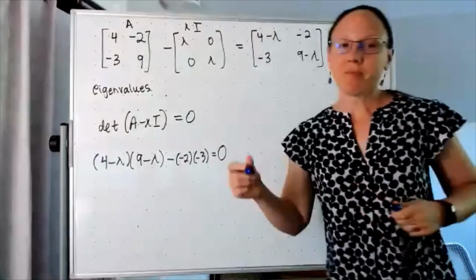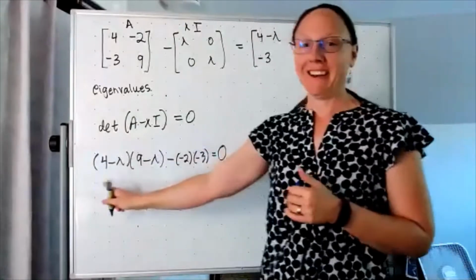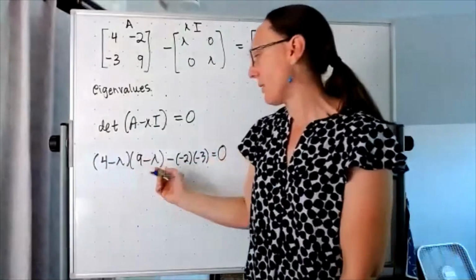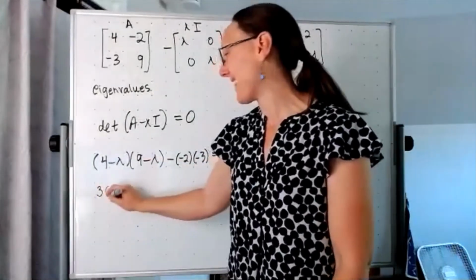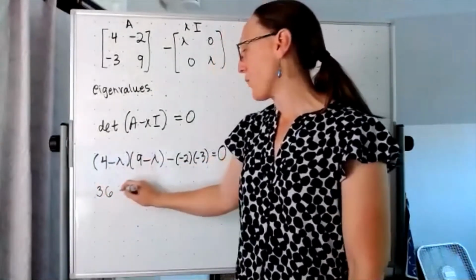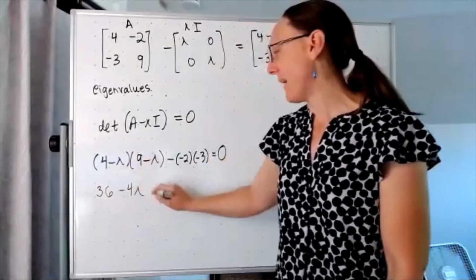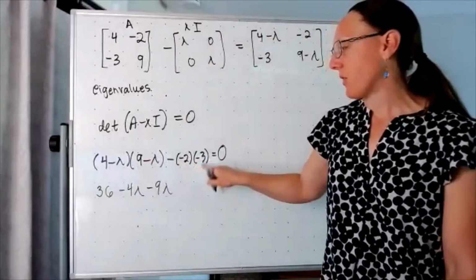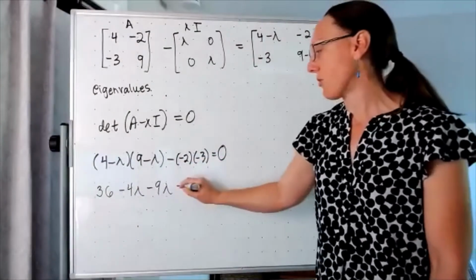Cool. I'm going to go ahead and distribute this out. So 4 times 9, I've got 36 minus 4 lambda minus 9 lambda. -2 times -3 is a +6, but then we're subtracting it.